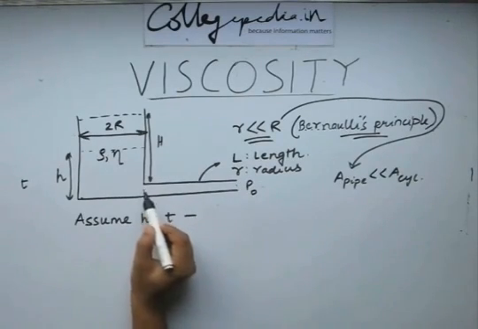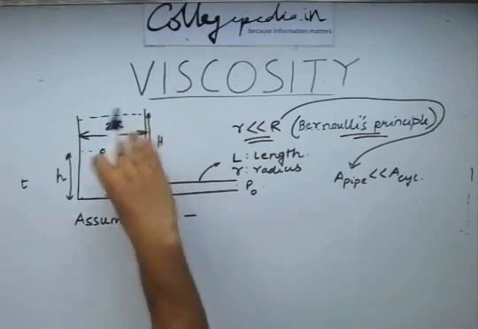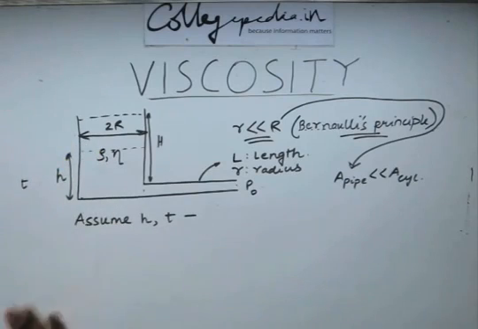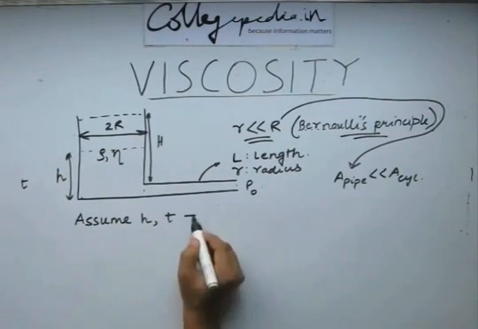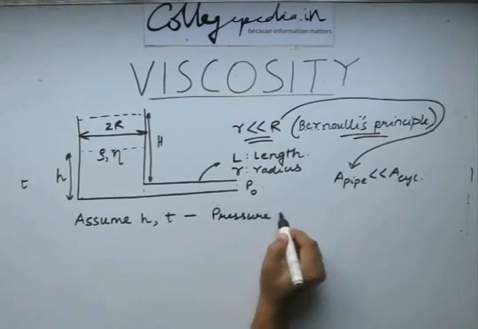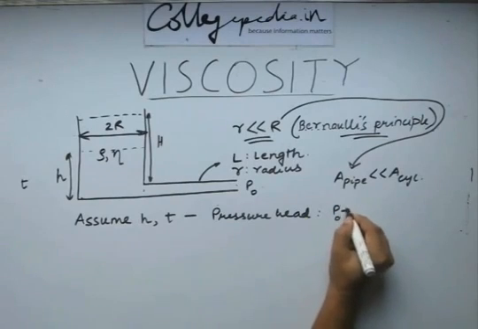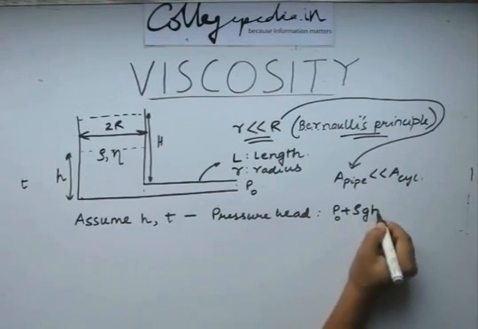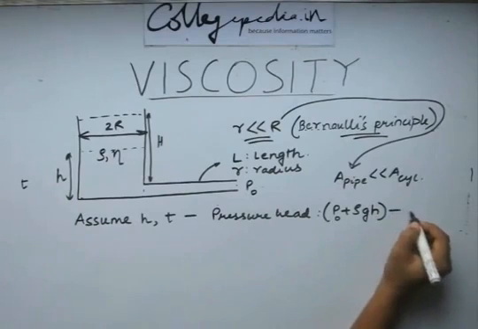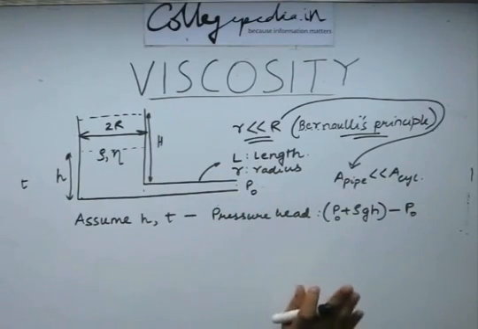At this point, the pressure is going to be P0 plus the hydrostatic pressure due to this height of liquid, rho. So the pressure head is going to be equal to P0 plus rho g h, minus the P0 which is on the other side. This is going to give you nothing but the quantity P that we discussed earlier.